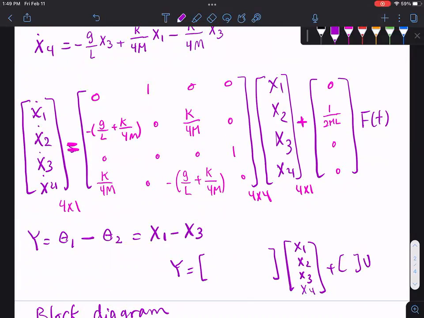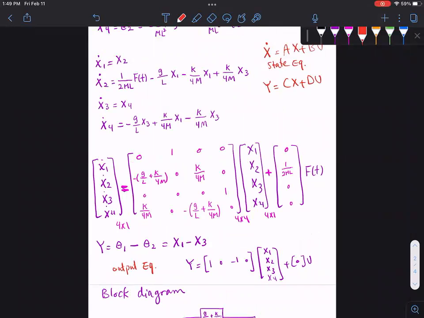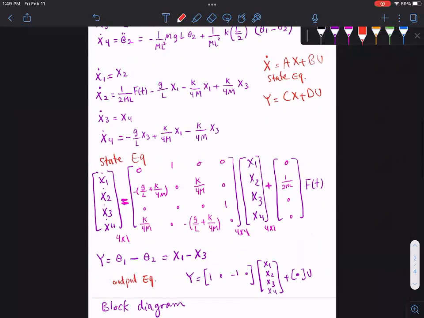So here I have 1 for x1, I don't have any x2, I have -1 for x3 and 0, and then I don't have any u, so that's 0. So this is my output equation. The two of them together, the output equation and the state equation, give me the state space representation.